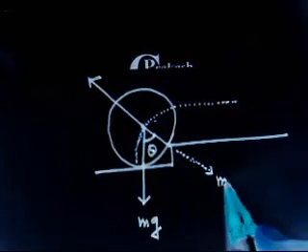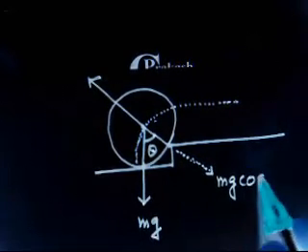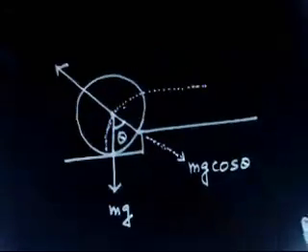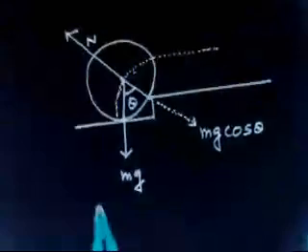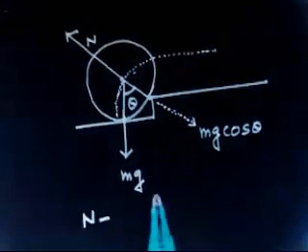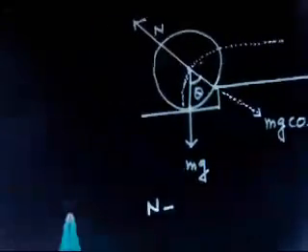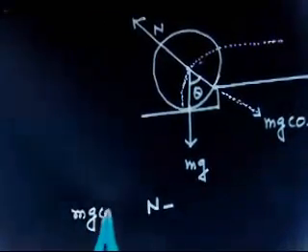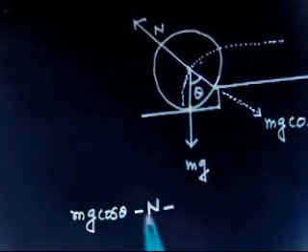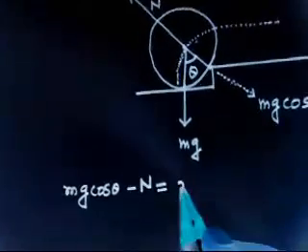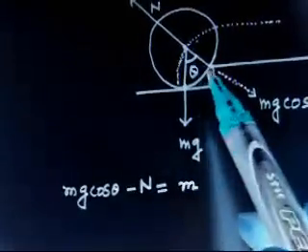So if we apply the equation, the normal reaction is here. For circular motion, the force towards the center is mg cos theta. So mg cos theta minus N should be equal to mv square by r, and v is simply omega r.